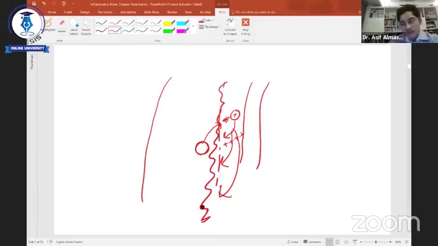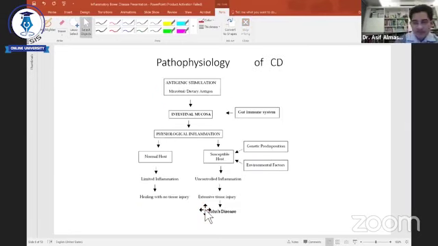So this is pretty much the pathogenesis. You can learn about it. It's not very important. This is the same thing written over here.